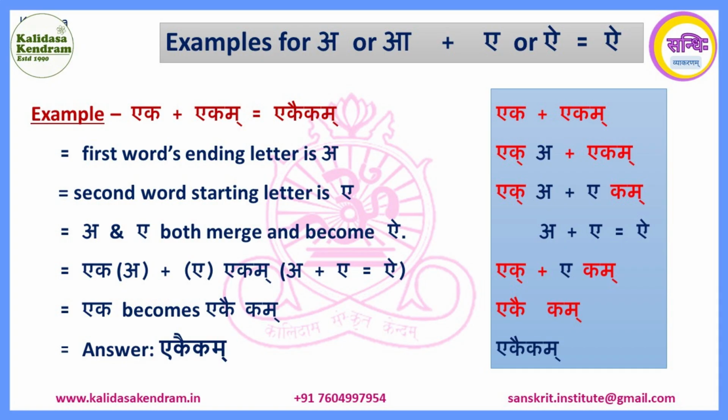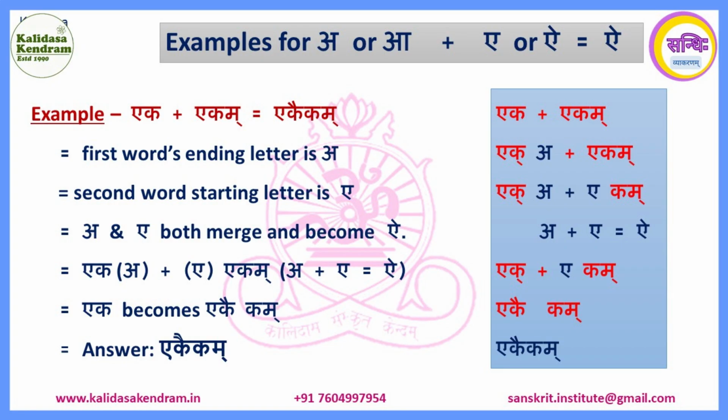The second word's starting letter is e. A plus e both merge and become ai. Eka is ending with a. Ekam starts with e. So a plus e becomes ai. Eka becomes ekai, so the answer is ekaikam.